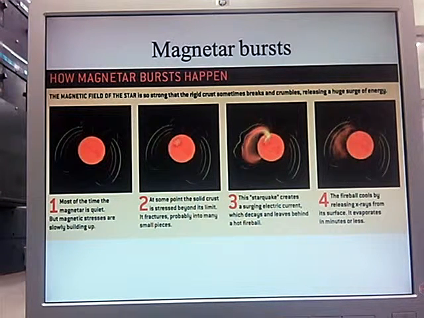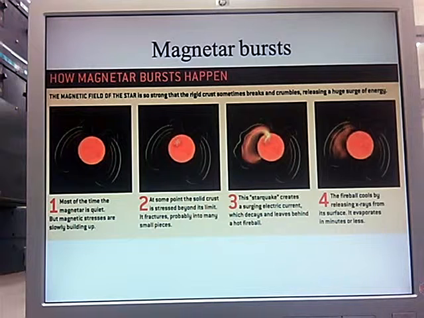Now we imagine that the crust of the star should be rigid and solid, but because this magnetic field is cutting through it, that can actually result in breaking up of the crust, crumbling of the crust, and that releases a huge surge of energy. Basically, the magnetic field was twisted up and it's trying to realign, and so you get this breaking of the crust, which emits some energy.